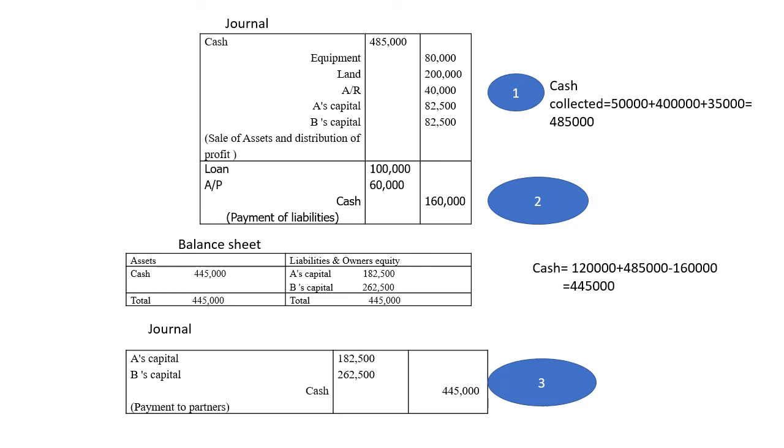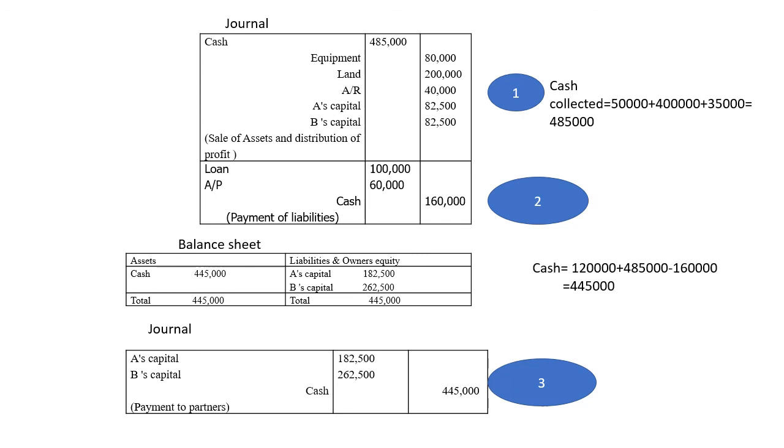You add to it 82,500, his part of the profit. 100,000 plus 82,500 makes A's capital 182,500. For B, the beginning balance was 180,000. You add to it 82,500, so 180,000 plus 82,500, and you get B's capital.